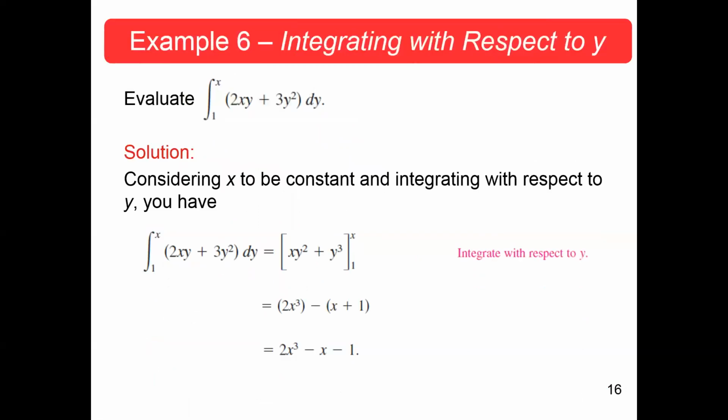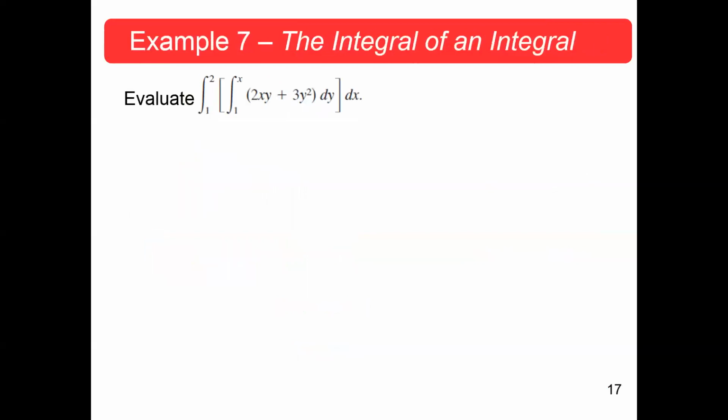So this integral is actually related to the next double integral. See, this double integral is the integral from 1 to 2, from 1 to x, of 2xy plus 3y squared dy dx. We actually have already done the inner integral.